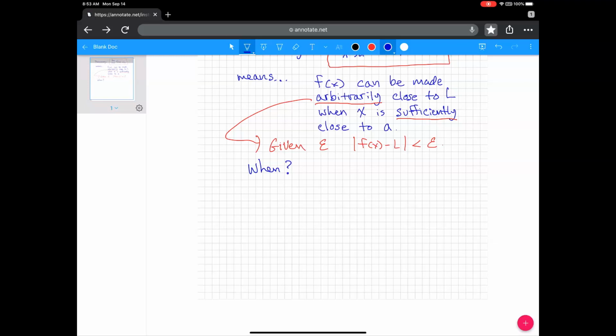When x is sufficiently close to A. That means close enough to make that happen. And again, how do we determine closeness? When the absolute value of x minus A, that's how close x is to A, is small enough.